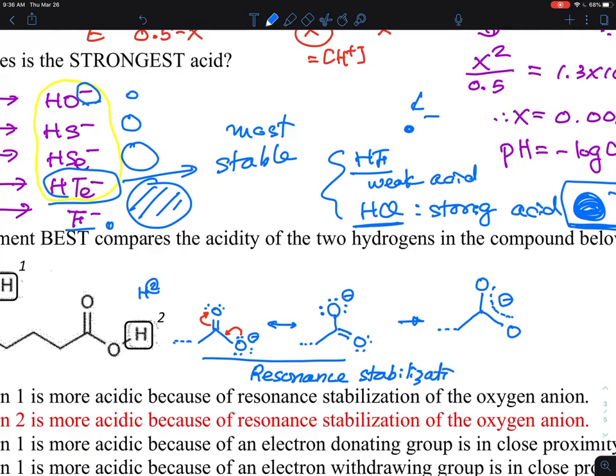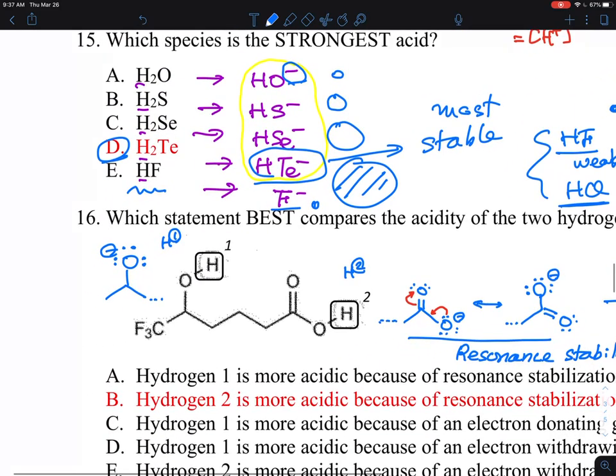So resonance stabilization: the negative charges are spread around, and this is a beautiful thing because it makes the base very, very stable. So what that means is this is easier to lose, I mean, easier to be lost.